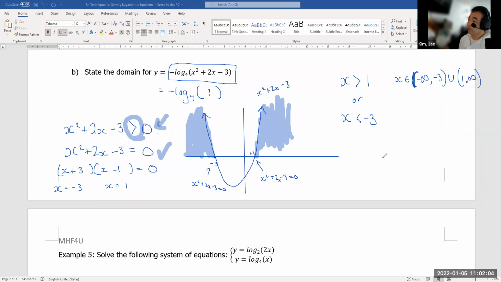Or another way you can write it is x belongs to all real numbers such that x is smaller than negative 3 or x is bigger than 1. So many different ways, but either way, you're stating the domain.